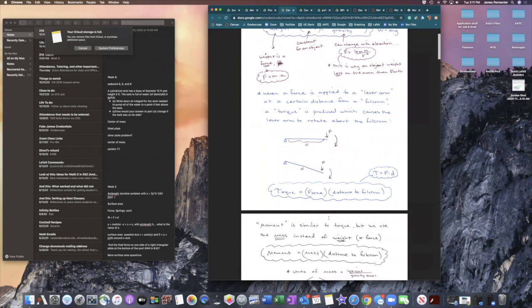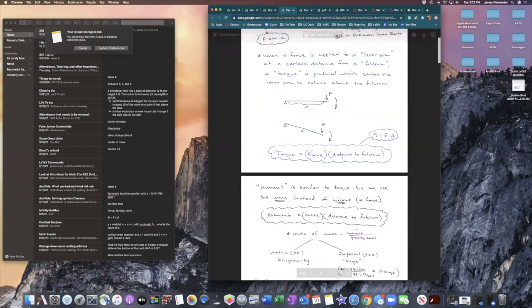Moment is a similar idea to torque. The only difference is that instead of force times distance to the fulcrum, you're talking about mass times distance to the fulcrum. So it's really the same idea. You just don't have force units, you have mass units, so you're not multiplying by gravity. So moment is mass times distance to fulcrum.